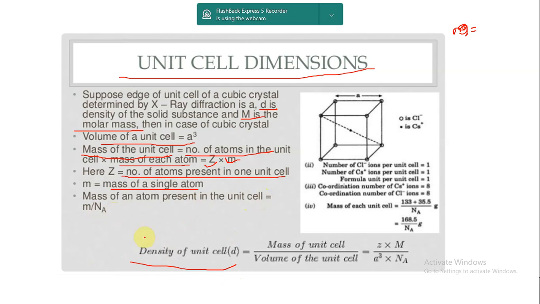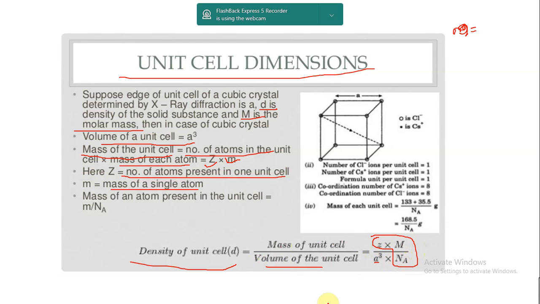So what will be the density then? Density we know is mass upon volume. What is mass? Z into M upon Na. And what is volume? The volume of the unit cell is a cubed, and the mass of the unit cell is Z into molar mass upon Na. Okay.